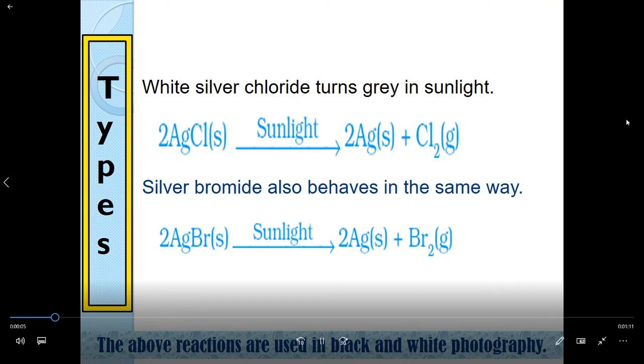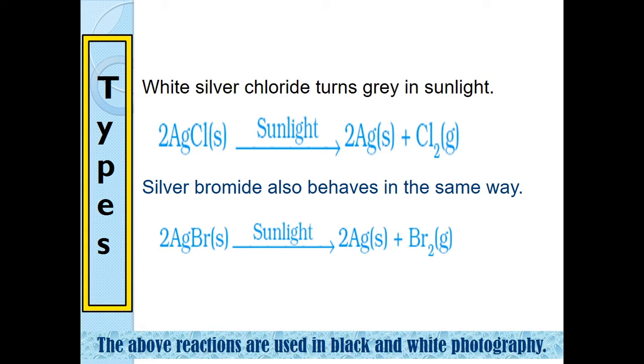Actually, silver chloride and silver bromide exhibit same behavior in presence of sunlight, and both of these reactions are used in black and white photography.